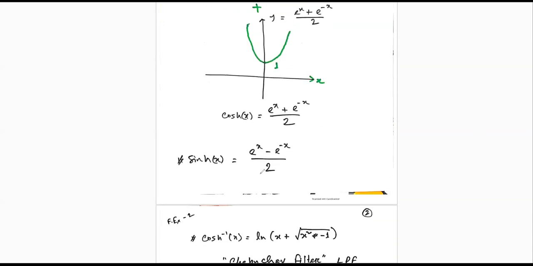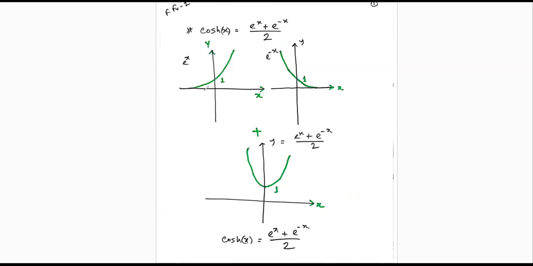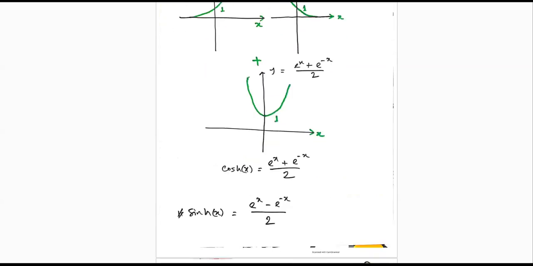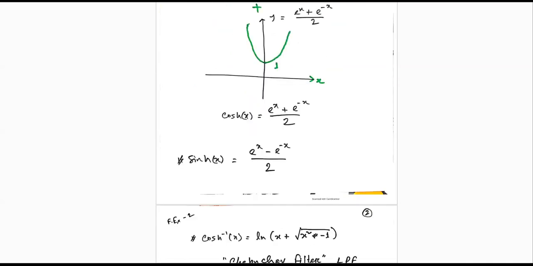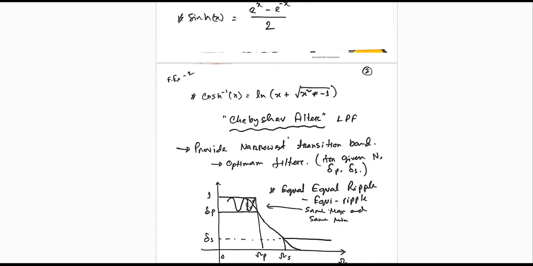Similarly, you can draw sinh x. How does it look? e to the power x minus e to the power minus x, divided by 2. So these are the two equations. If you subtract, you can find sinh x. If you have cosh x and sinh x, then you have tanh x, and other hyperbolic terms with x.